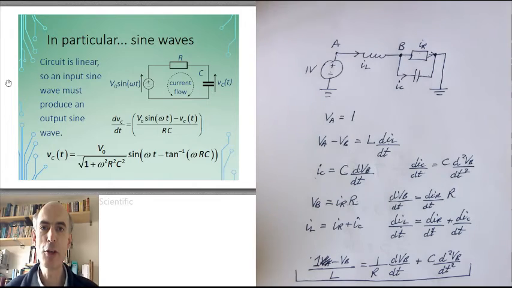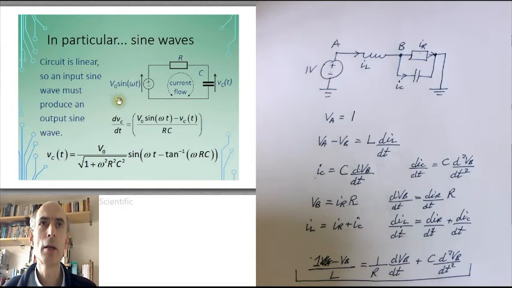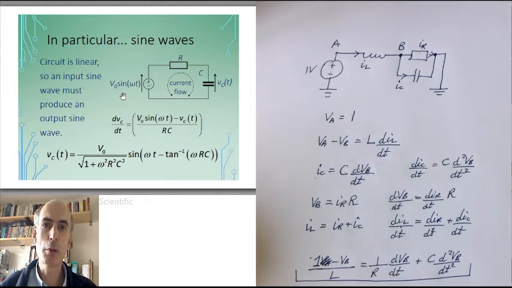So we have this very useful result for what I've termed linear circuits. A linear circuit being one in which the relationship between the current and the voltages around any component is always either the current is proportional to the voltage, or proportional to the differential of the voltage, or proportional to the integral of the voltage. So everything, if it starts being a sine wave, remains being a sine wave.